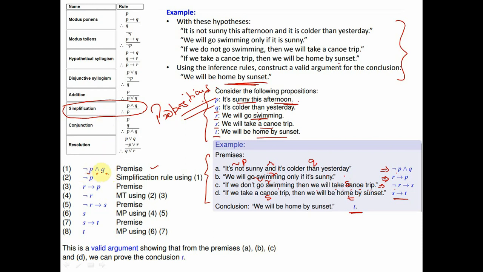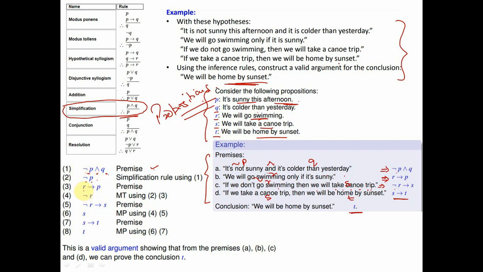If this is true, then negation P must be true. So by applying the simplification rule, I get this derived premise negation P. Informally, it is not sunny and it is colder than yesterday, so I can say it is not sunny. Obviously, this is given in the premise itself.